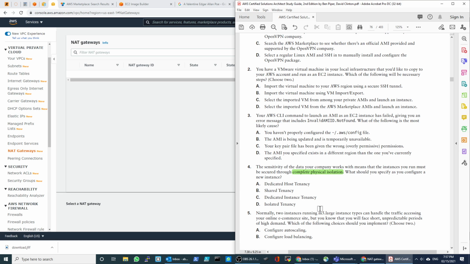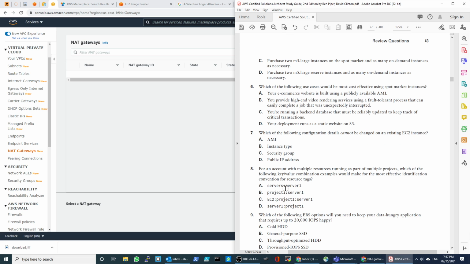Let's take a look at 7, for example. Which of the following configuration details can be changed on an existing EC2 instance? Which ones can you not change? Okay, you already created an instance. What is one thing you cannot change? All right. So could you change the public IP address?